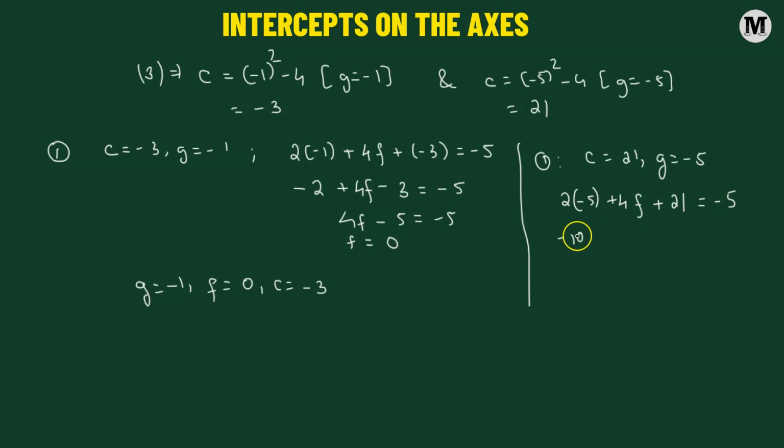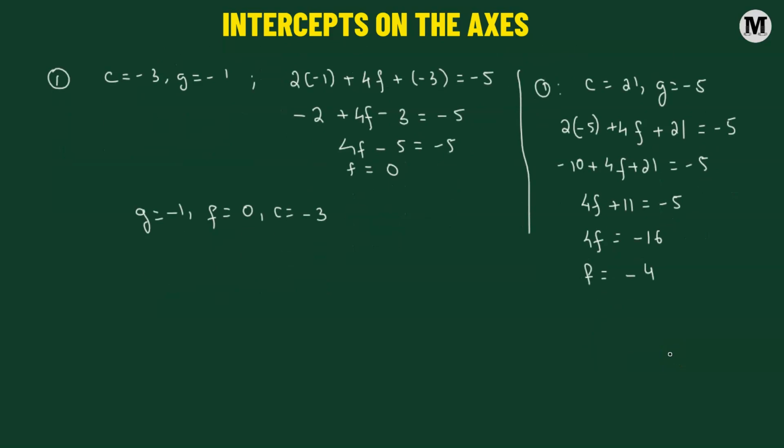Then we get -10 plus 4f plus 21 equals -5. So we have 4f, so 21 minus 10, that's +11, equals -5. So 4f comes out to be equal to -16, so f value will be -4. So now we have g value equals -5, f equals -4, and c value equals 21.